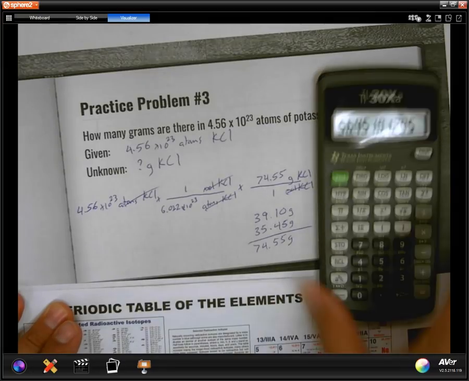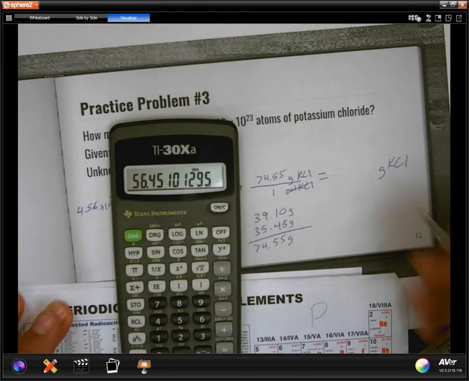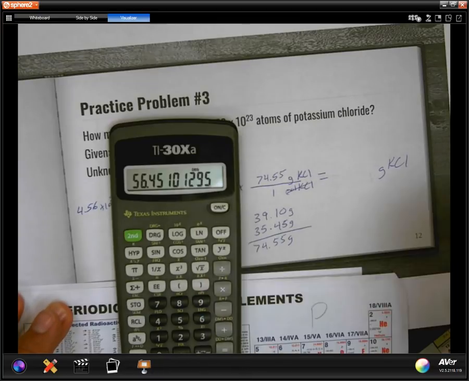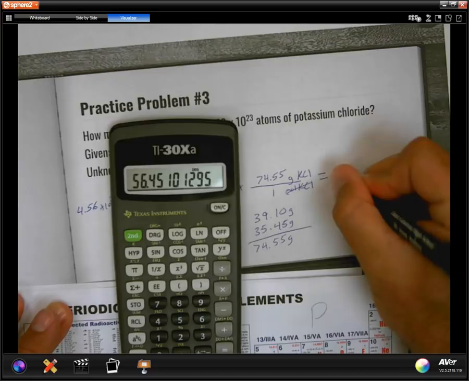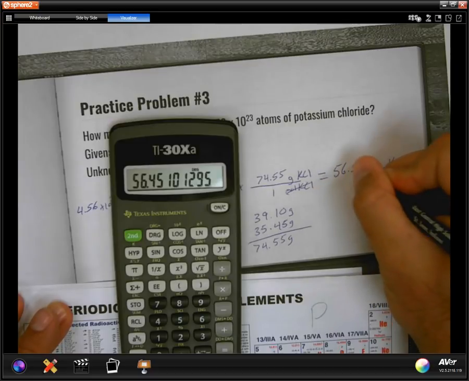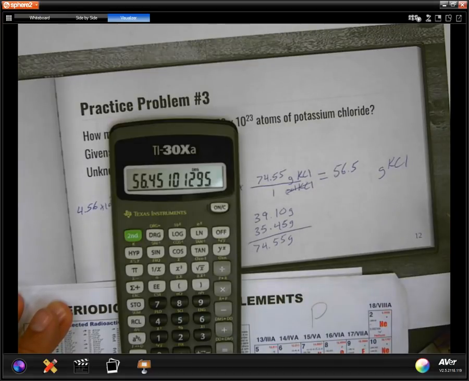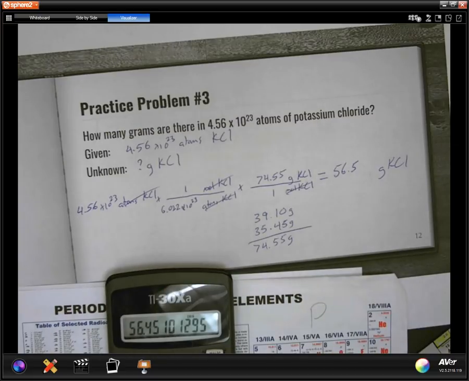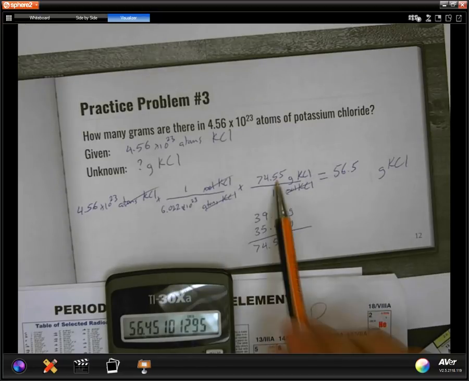And I come up with this number of 56.45. I see I have 3 sig figs here, so I will go to 3 sig figs. My units were grams of potassium chloride, because that's on the left. And there you go. You just accomplished probably the most challenging problem you're going to see in this lesson, a 2-step conversion problem.